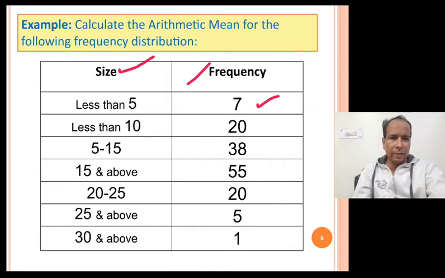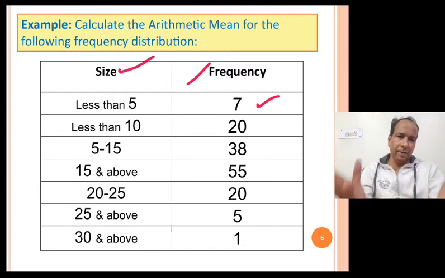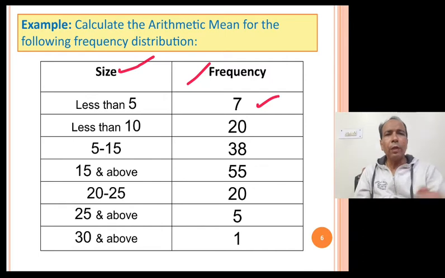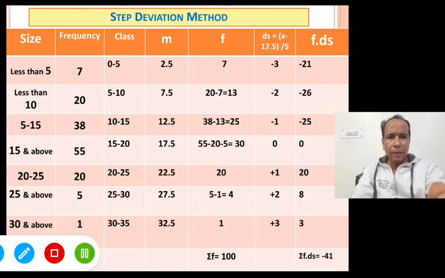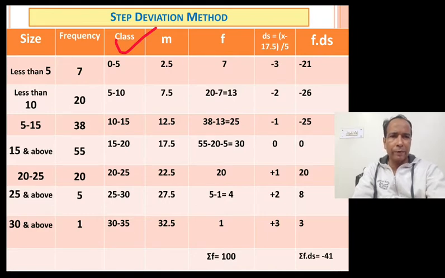So 20 minus 7 is 13. That will be the frequency for 5 to 10. You can check the same in the next slide. The classification is done here, 0 to 5, 5 to 10, 10 to 15, 15 to 20 till 30 to 35.